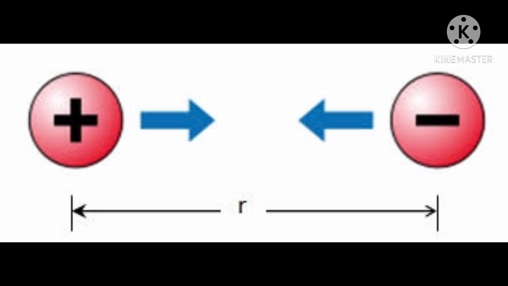When we decrease the heat, the force of attraction will be greater. Due to lesser force of attraction, water gets evaporated. Due to higher force of attraction, water becomes solid. That is, water becomes ice cubes.